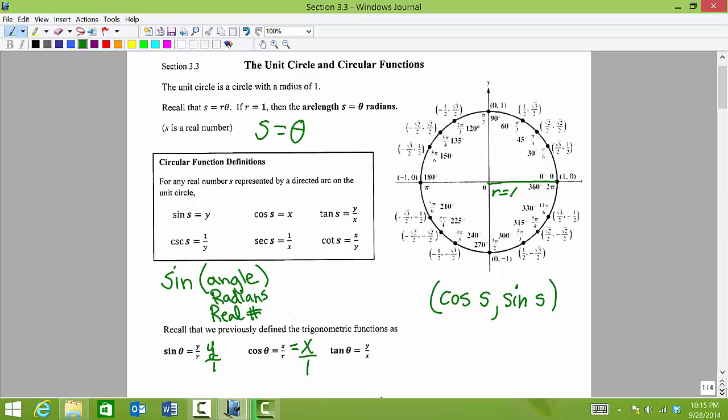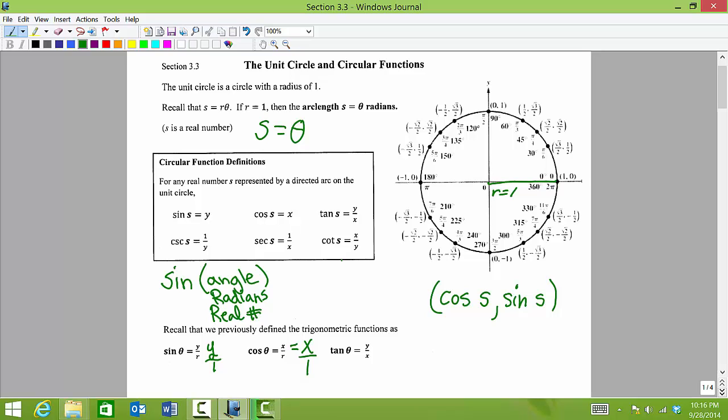Now tangent is not going to change because there's no r. Tangent is still going to be y over x. Now if sine is y, then cosecant of our angles in radians will be 1 over y. Secant will be 1 over x, so they're still reciprocals. Cotangent is also still the reciprocal of tangent.